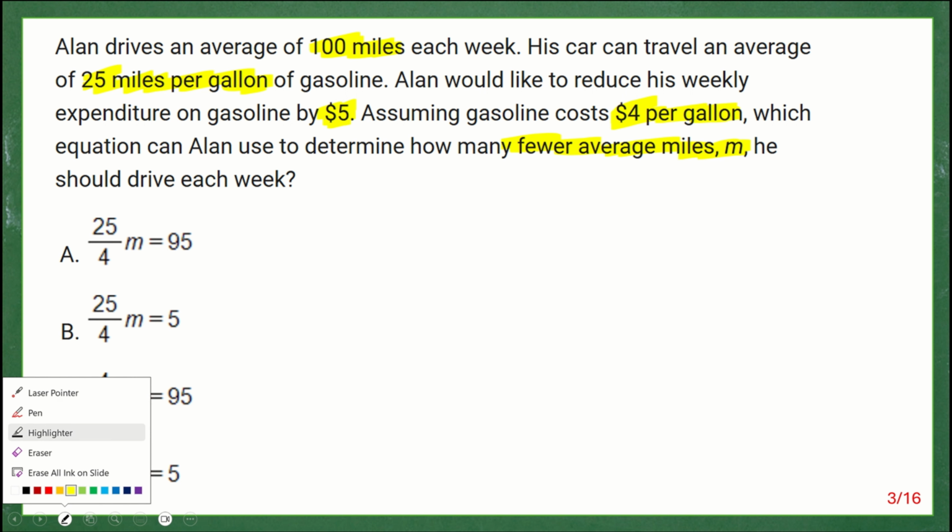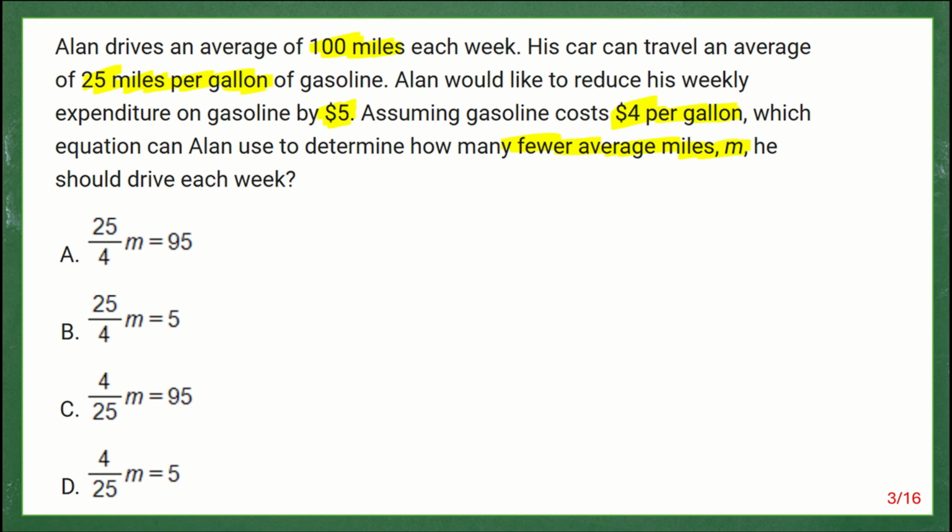Okay, so to solve this problem, we are basically looking for the cost to drive a single mile. And once we have that cost, we can figure out how many fewer miles he should drive in order to save that $5 here. So let's say the cost to drive a single mile is based on the car average.